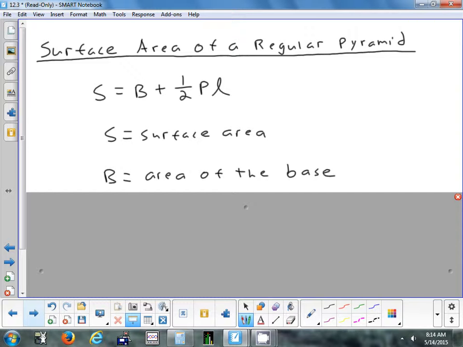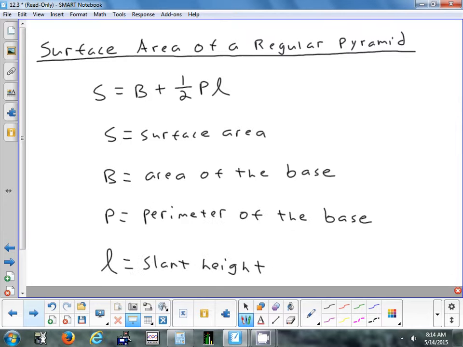It's 1/2 the perimeter times the slant height. We could go through why this is the formula in the explanation, but I'm not as concerned with that right now. So the surface area of a pyramid is the area of the base, plus 1/2 the perimeter times the slant height. And that'll work for any regular pyramid.